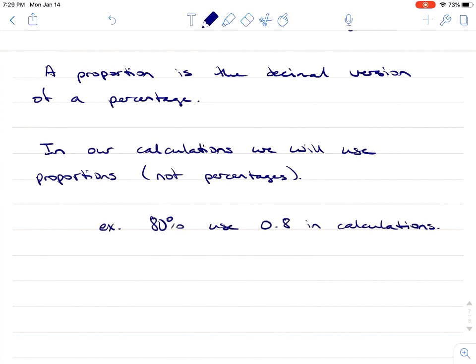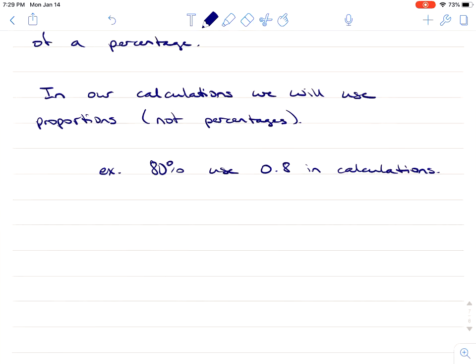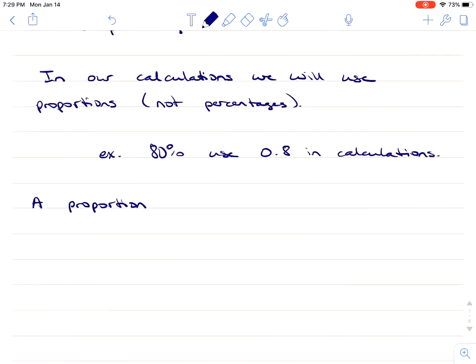So a proportion, right, is the decimal version of a percentage. So it makes sense that a proportion is a decimal between 0 and 1, right? 0 to 100%. So a proportion is a fraction, right? We usually don't write them as fractions, right? We use them as decimals.